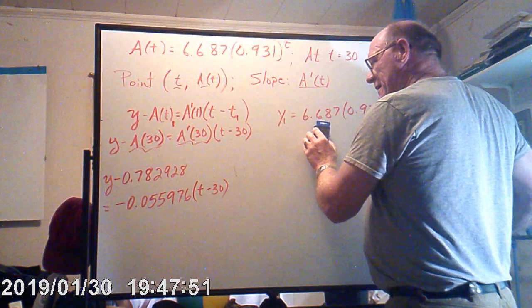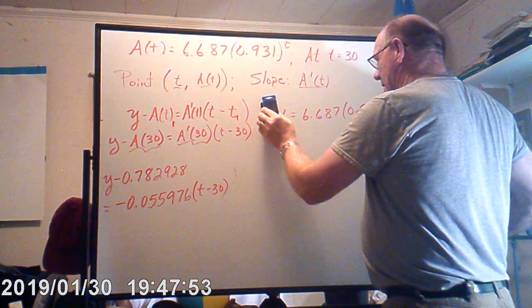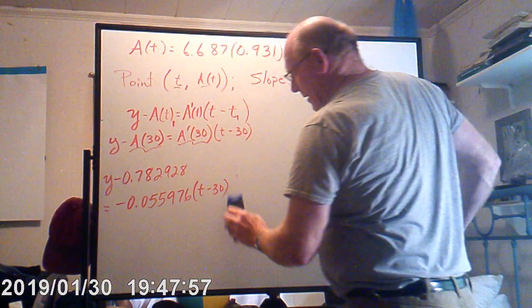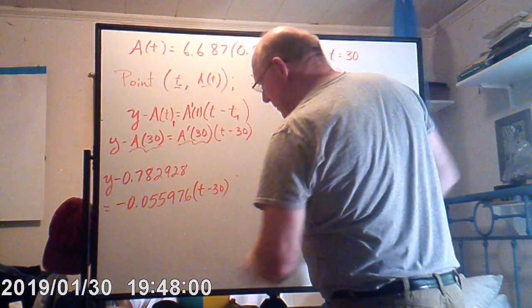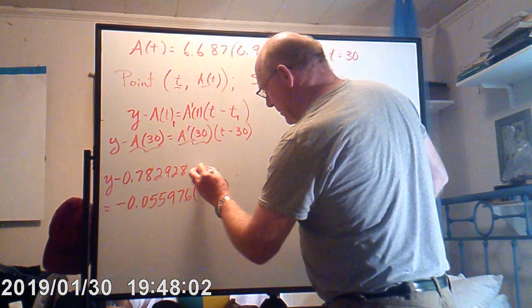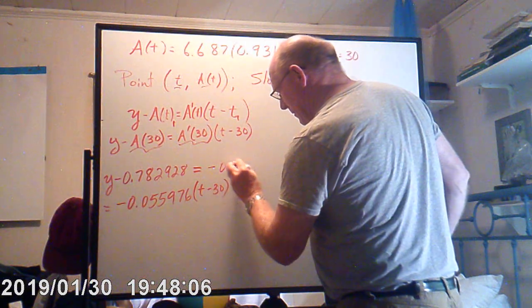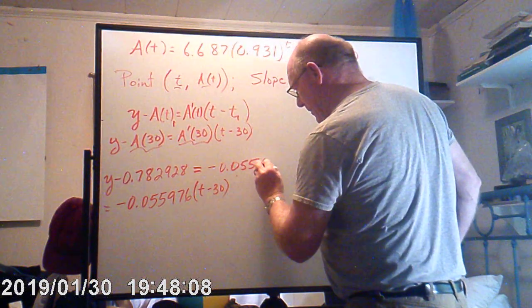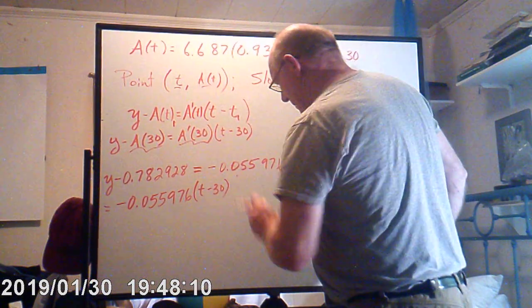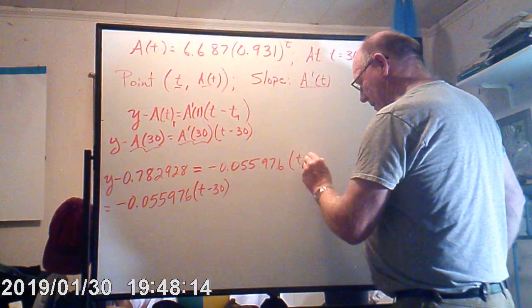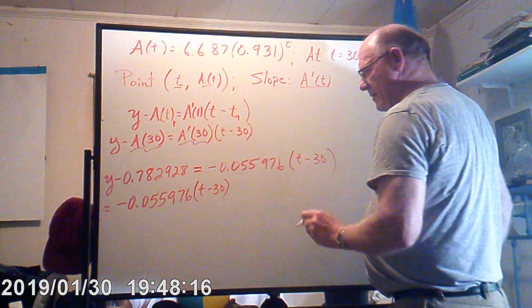I don't know. Probably not. I might need this room over here. I guess I should just go ahead and equal that so I can have some room here. Equals negative 0.055976. Very small slope, isn't it? Times t minus 30 right there.